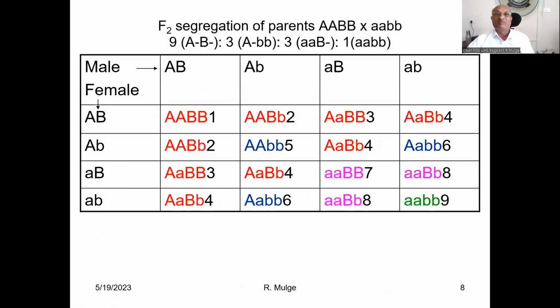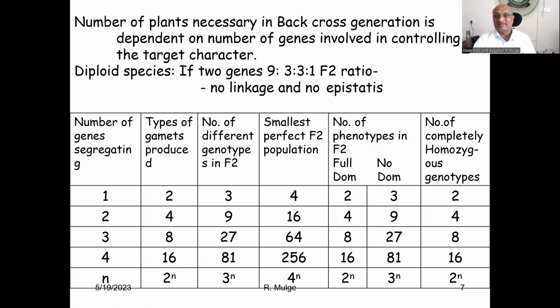This is 1, this is 2, this is 3, and this is the 4th, completely homozygous. Other than these 4 plants, no other plants are completely homozygous. So that's what we meant.